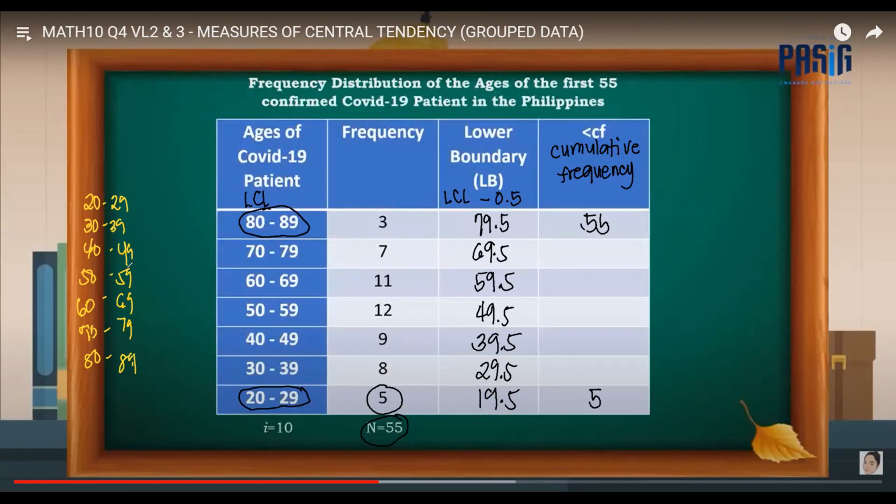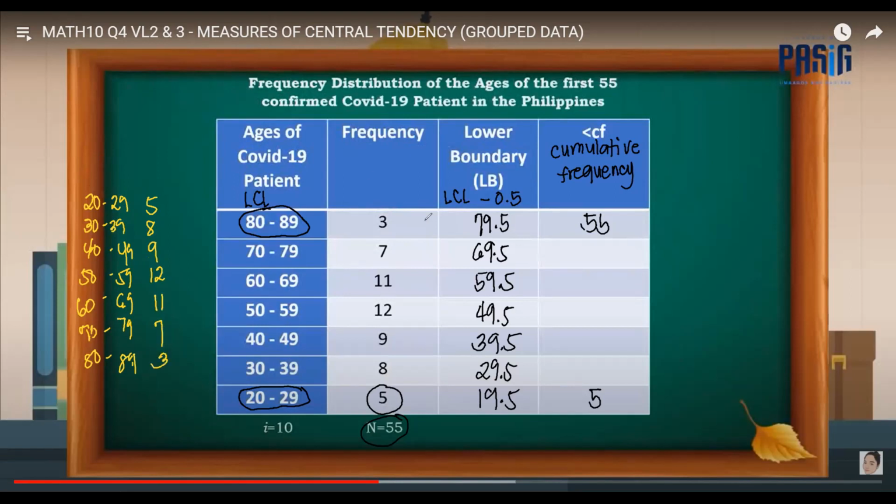So, pwede kasi ganito yung mangyari, no? Nasa taas si 20 to 29, nasa baba si 80 to 89. Ano lang yung kailangan tandaan when it comes to cumulative frequency? Of course, you have to consider their frequencies. This is 5, 8, 9, 12, 11, 7.